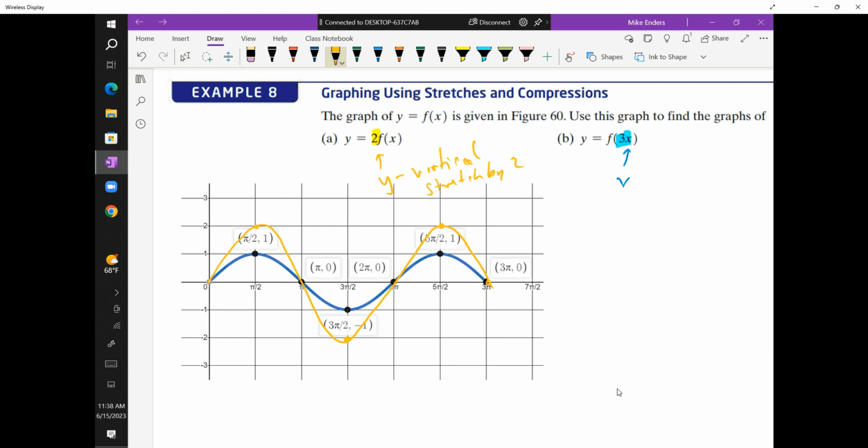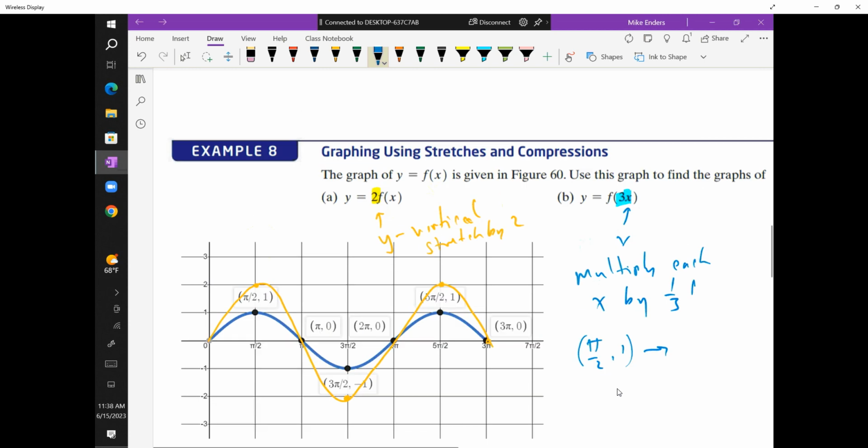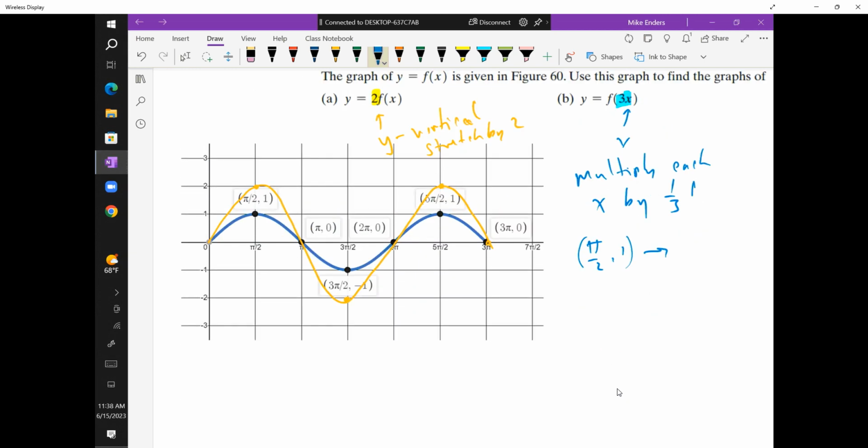Let's see our f of 3x, rather. On this one, what we want to do is multiply each x by the reciprocal. So we want to multiply by 1/3. So if I have pi over 2, 1, after this multiplication by a third, I'm going to end up with pi over 6, 1.